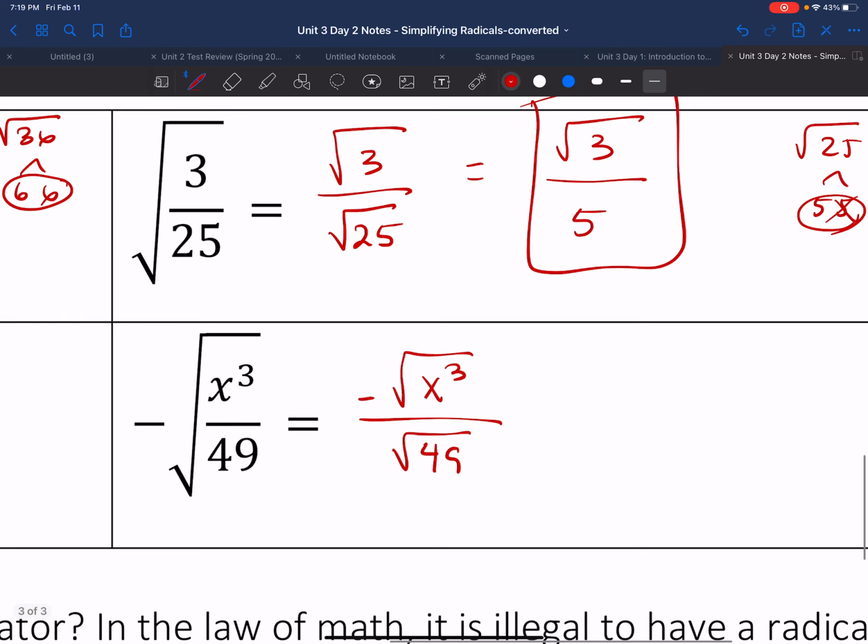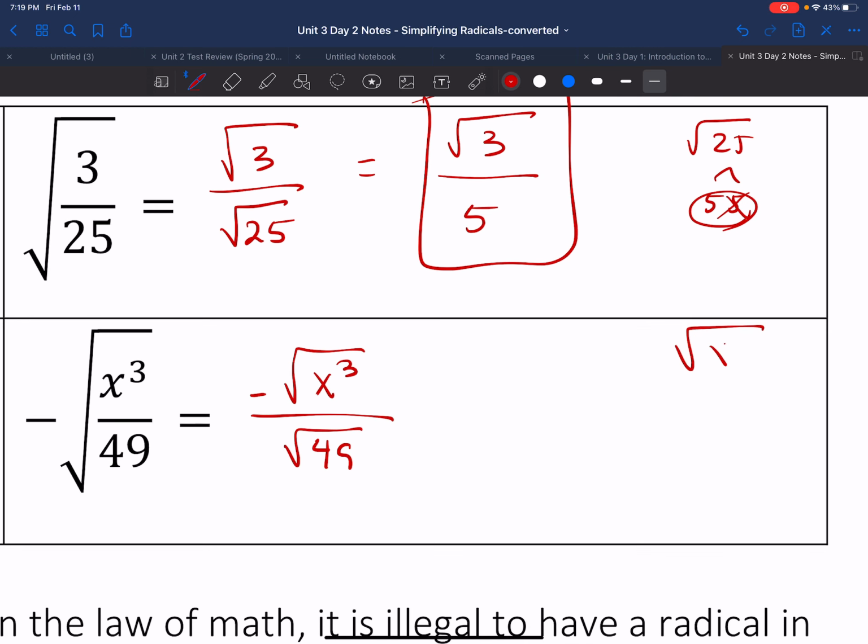Now, the square root of x cubed can be broken up as x times x times x. We have a pair of two x's. One of them goes outside, and the other gets eliminated. So we have x times whatever we have left, which is just x.